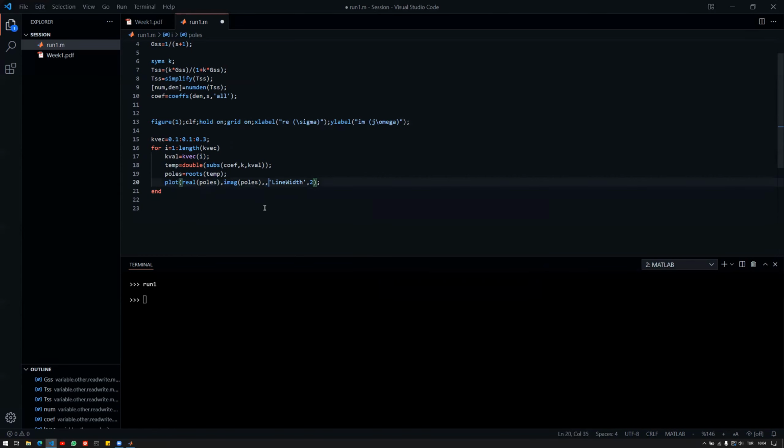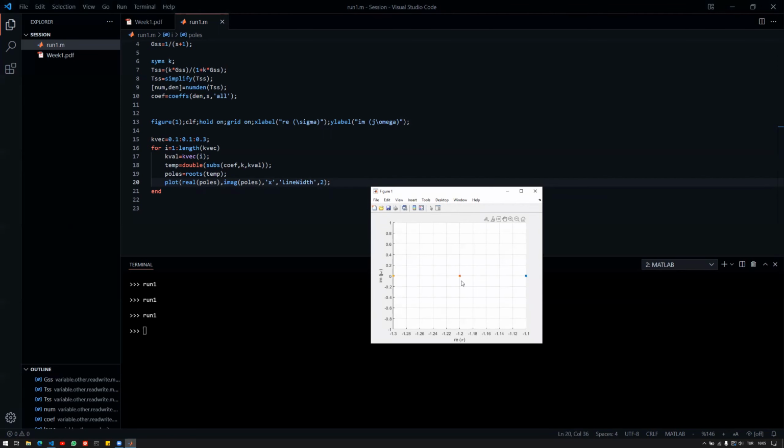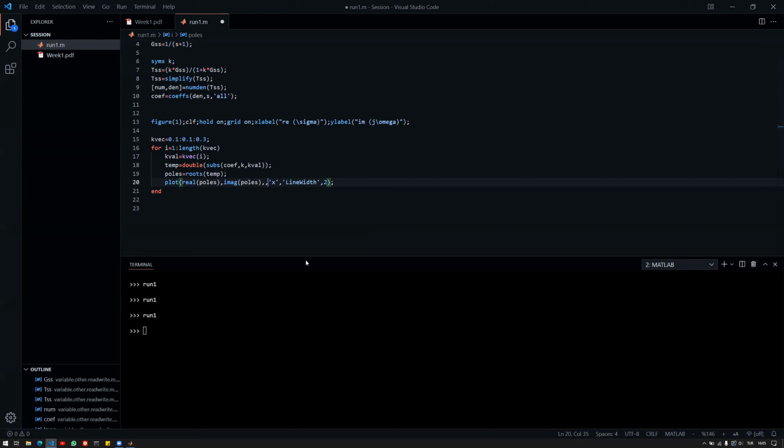But you can overcome that by telling plot, for example, that for each coordinate it should use a cross marker for each point and then connect them. That way we will end up with the following. As you can see, we now have crosses, or X's, here. By the way, this is a marker, so you can also tell plot to use marker.